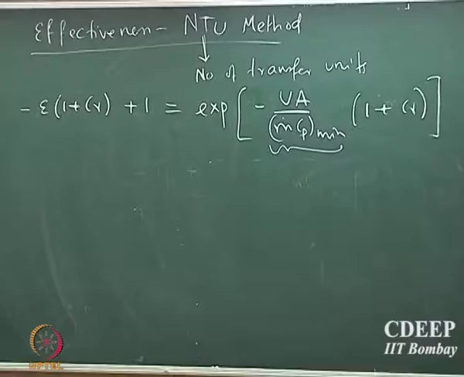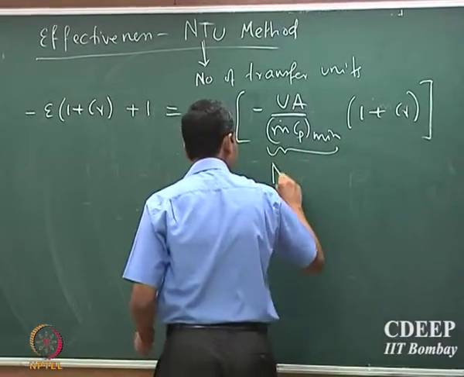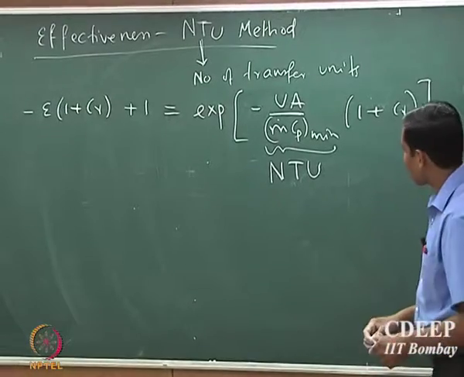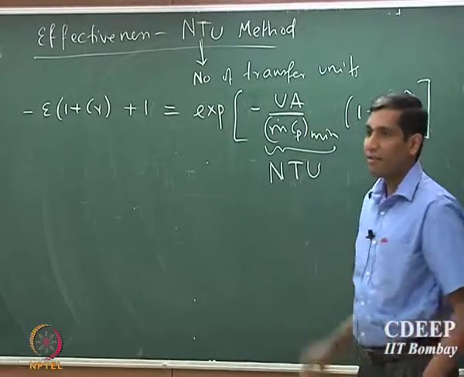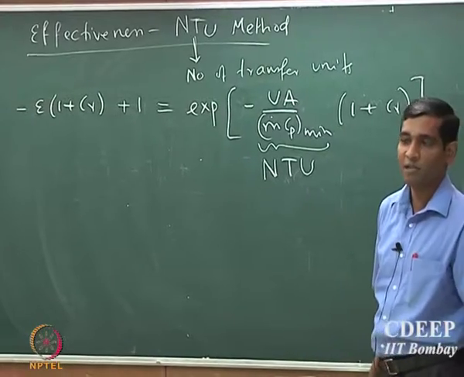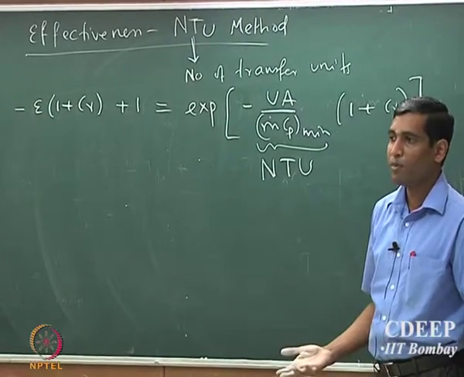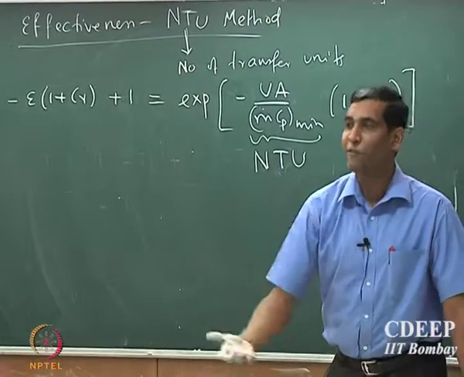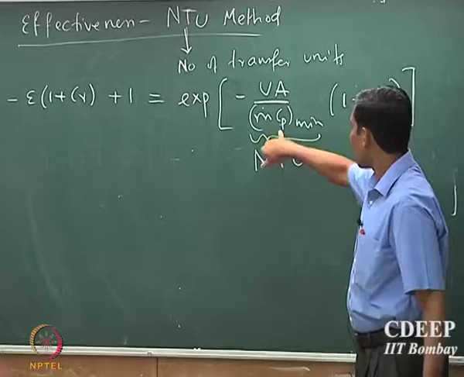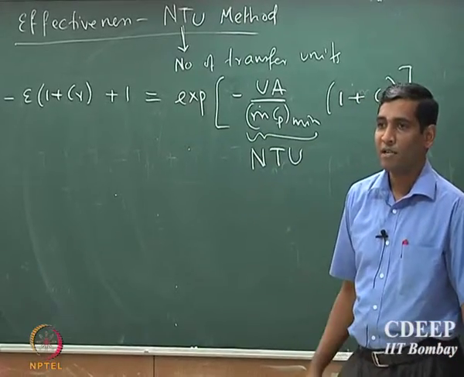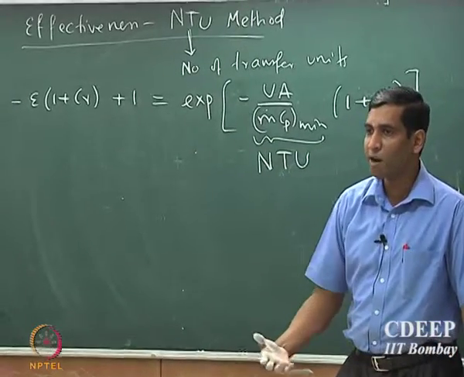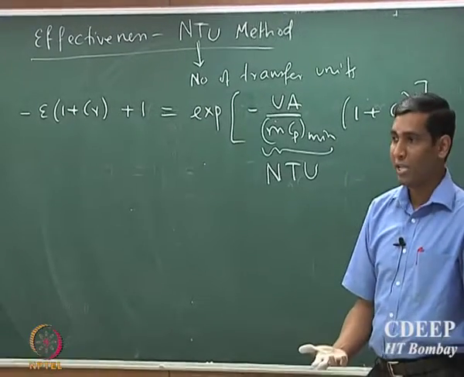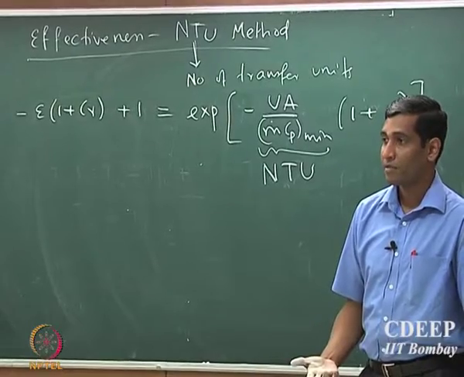So this UA by m dot Cp min is what is called NTU, the number of transfer units. So look at this expression. What's 1 by UA? It's the resistance offered for heat transport between the two fluids, right? And what is 1 by m dot Cp min? It's the resistance offered by the fluid which has the maximum capacity to take sensible heat, right?